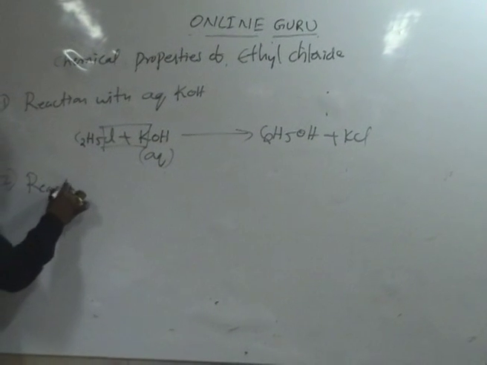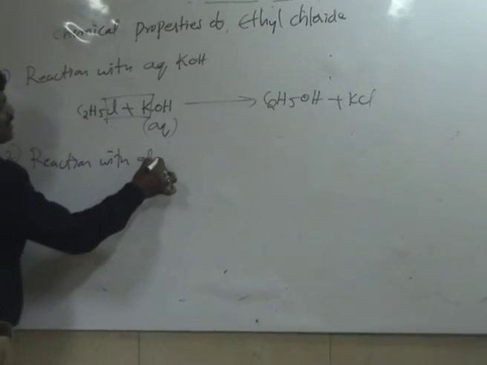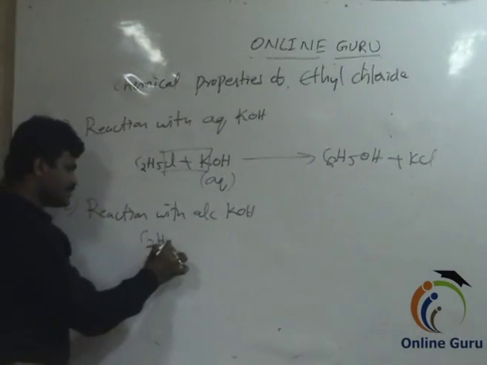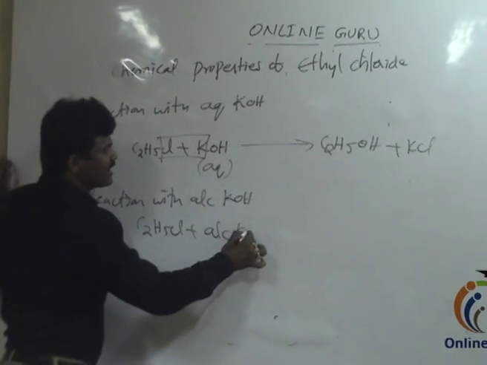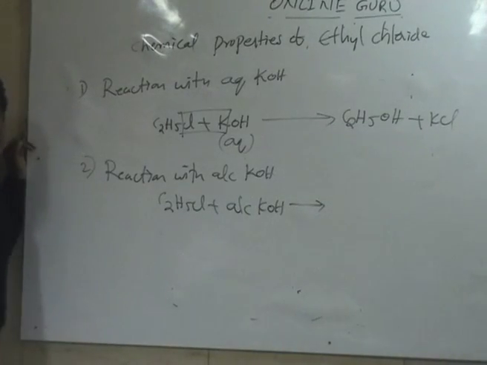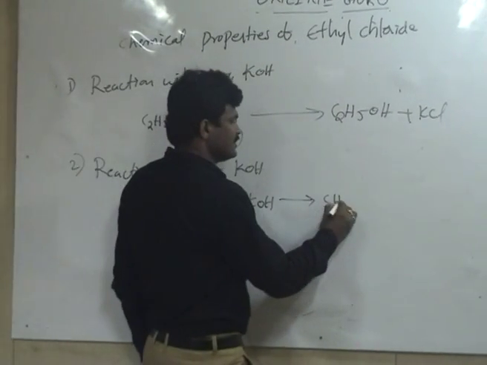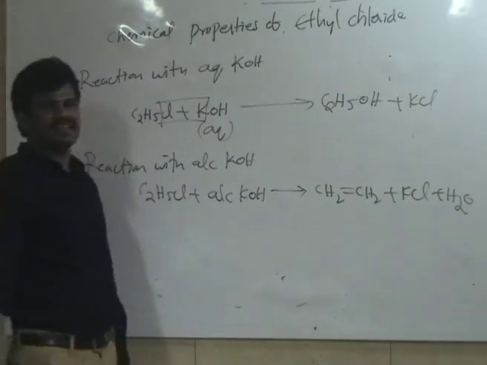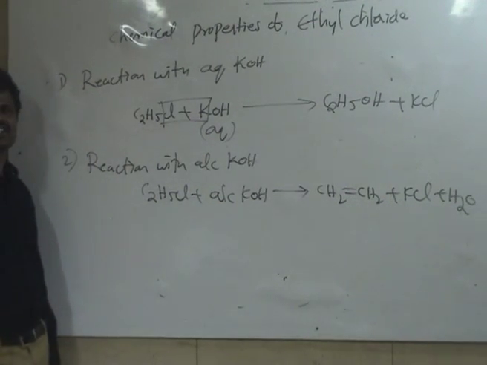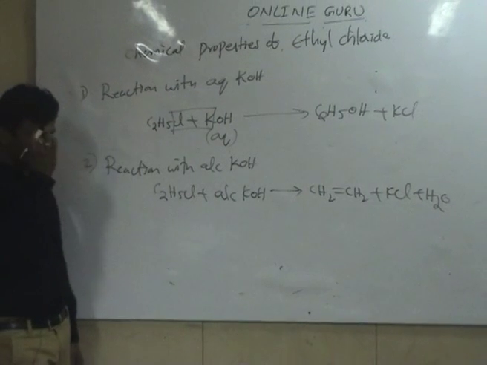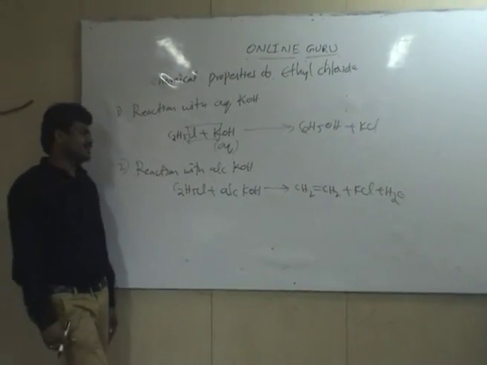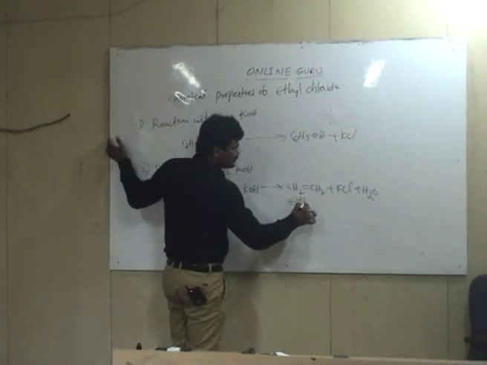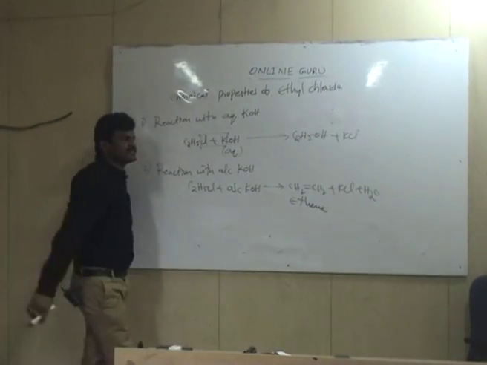Then reaction with alcoholic KOH. When ethyl chloride reacts with alcoholic KOH, it undergoes dehydrohalogenation to form ethylene. Dehydrohalogenation means removal of a hydrogen halide molecule from the alkyl halide. Ethyl chloride with alcoholic KOH produces ethene, KCl and H2O.